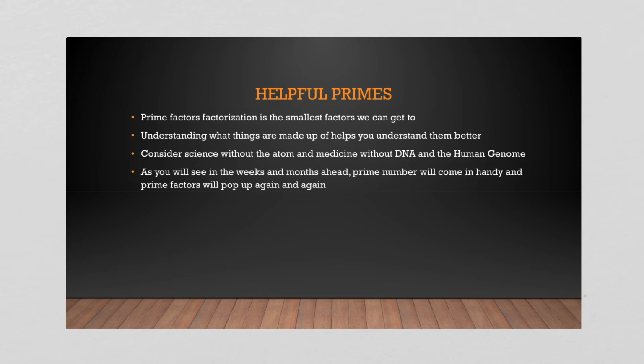Atoms, the smallest building blocks of elements, are small. I mean, there's smaller parts within the atom, electrons, quarks, but knowing about atoms helped us learn so much. And with medicine, if we weren't able to map the human genome, we start to learn more and more about ourselves because we can break ourselves down to the smallest possible components that make us up.